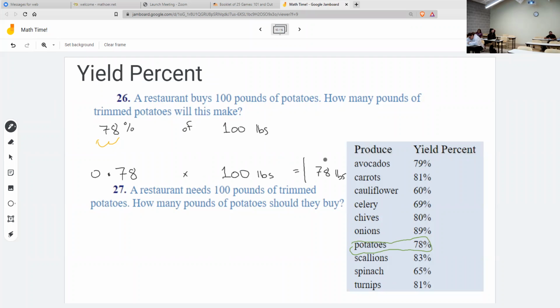And that shouldn't surprise me because percent means out of 100. So 78% of 100 is 78 out of 100. Right? So I'm just using the definition of percent when I multiply like that. But it's nice to know for what's coming up that we multiplied going forward.